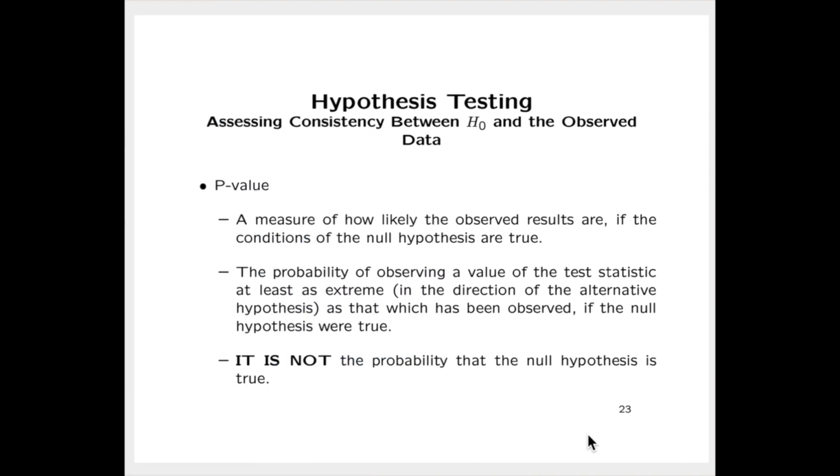Now, when we talked about the overall idea of hypothesis testing, we said that we have these two competing statements, the null hypothesis and the alternative hypothesis. These are logical complements. The way that we make a decision between the two is that we obtain information from the population of interest by selecting a sample.